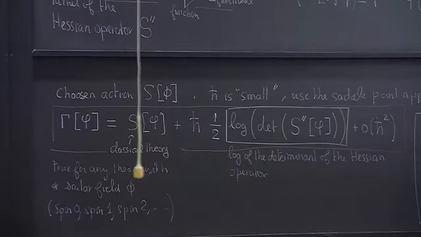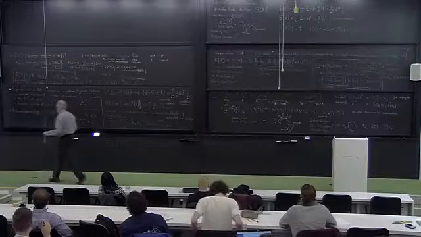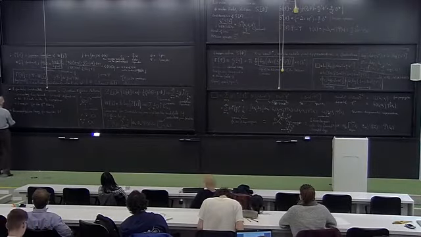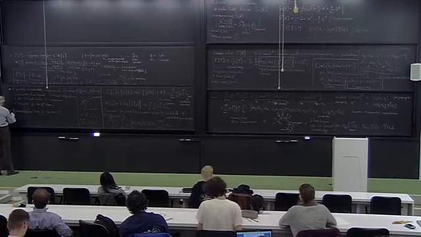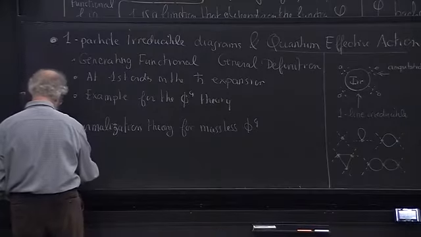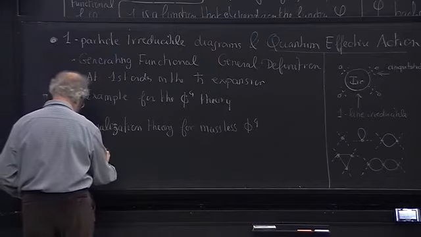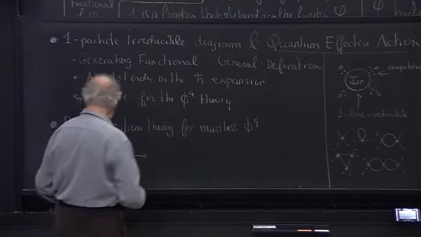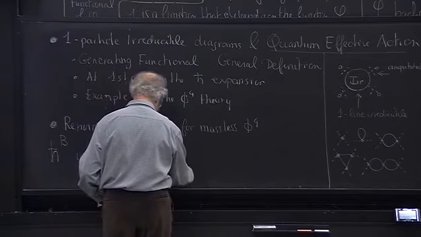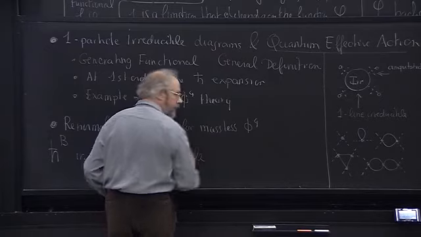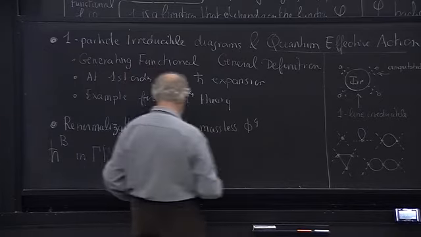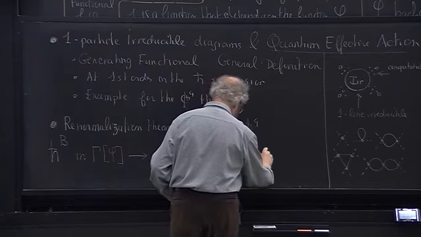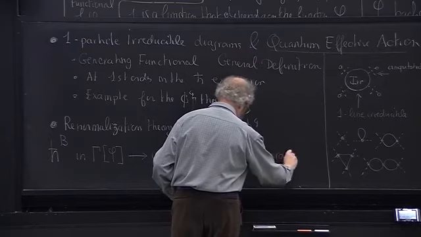And in fact, this is systematic. If we work a bit more, you see that the term of order h bar to the power B in the expansion of gamma phi corresponds to the irreducible B loop diagrams.